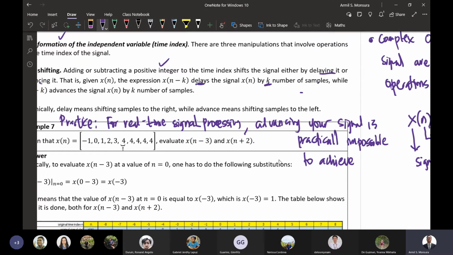Kung hindi pa nga na-generate yung signal kasi nga real time yung signal processing niyo, then it is impossible for you to pull that signal value ahead of time kasi wala pa siya, hindi pa siya na-generate. Naintindihan ba yun?